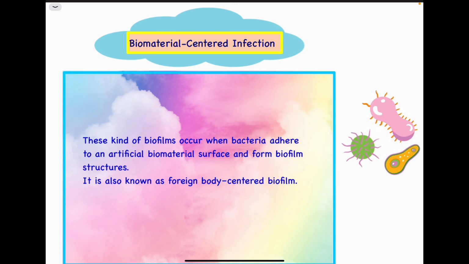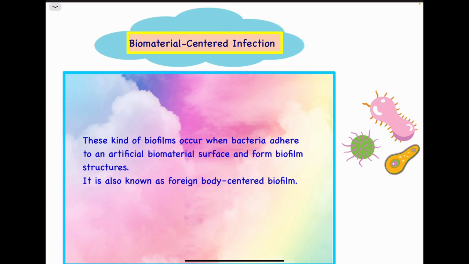Moving on towards our last type of biofilm, that is biomaterial centered infection. These kinds of biofilms occur when bacteria adhere to an artificial biomaterial surface and form the biofilm on these structures, right? A very good example would be an implant surface. These biofilms are formed on the artificial biomaterial surface of the tooth.